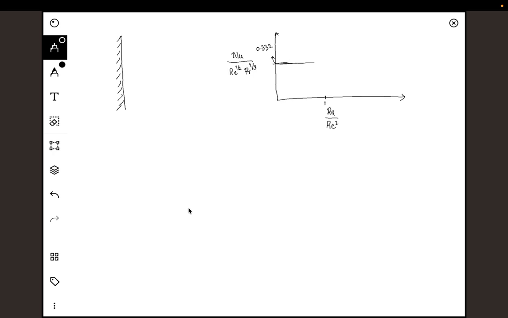Now what happens at very high values is, as the natural convection sets in, what would happen to this value? We know Nusselt number will be Rayleigh to the power 1/4. So if I divide it with this, it will be, let's say, 0.59 Rayleigh to the power 1/4 divided by Reynolds to the power half into Prandtl to the power 1 by 3.